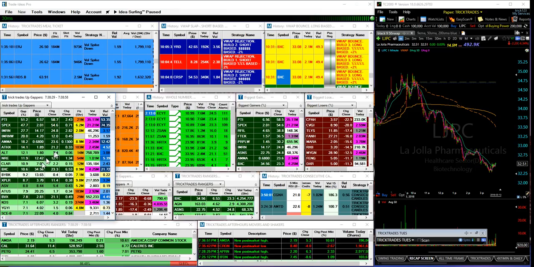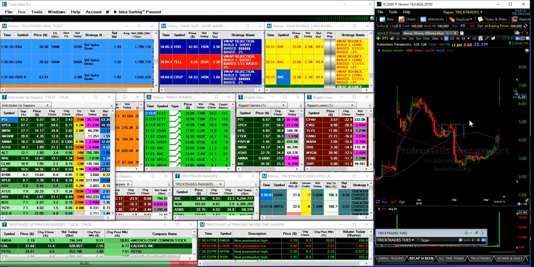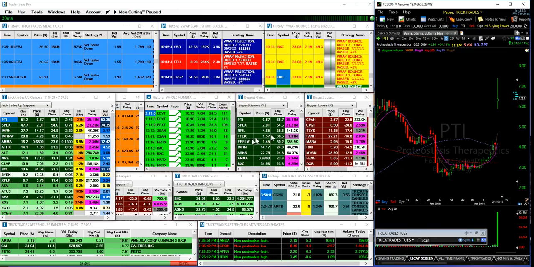As you see these pre-market and you're sitting at your desk, you can also link Trade Ideas to your charts. I use TC2000, so we'll use that as an example. PTI was the main gapper today, and you can see how much it gapped up. So it really just alerts you as to what is moving and shaking in the morning, as well as the float, right?